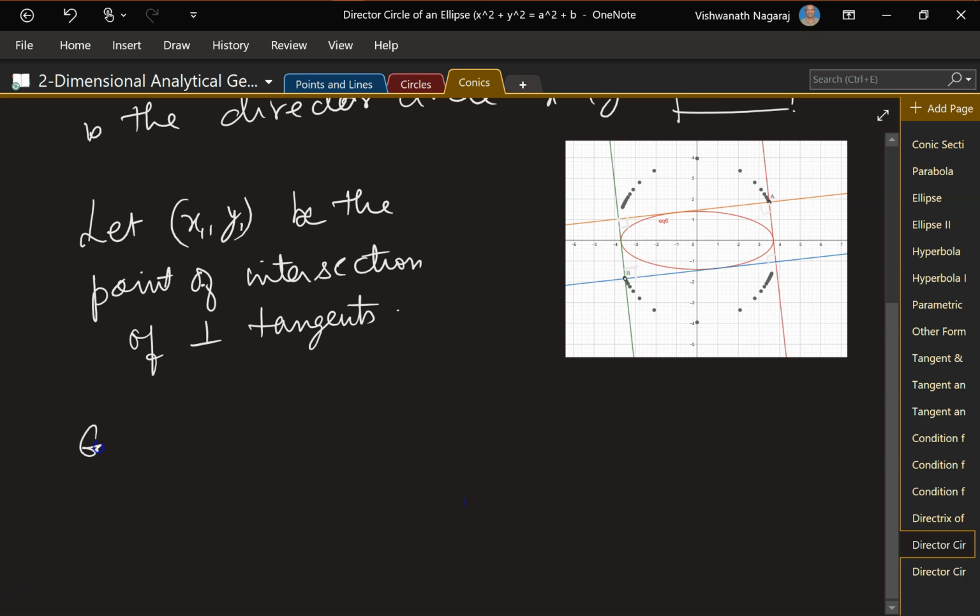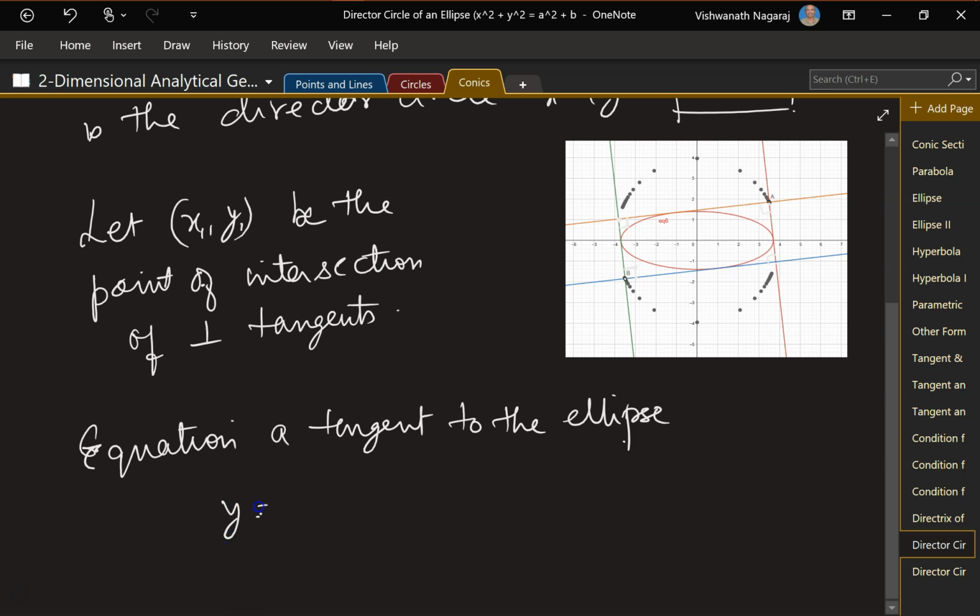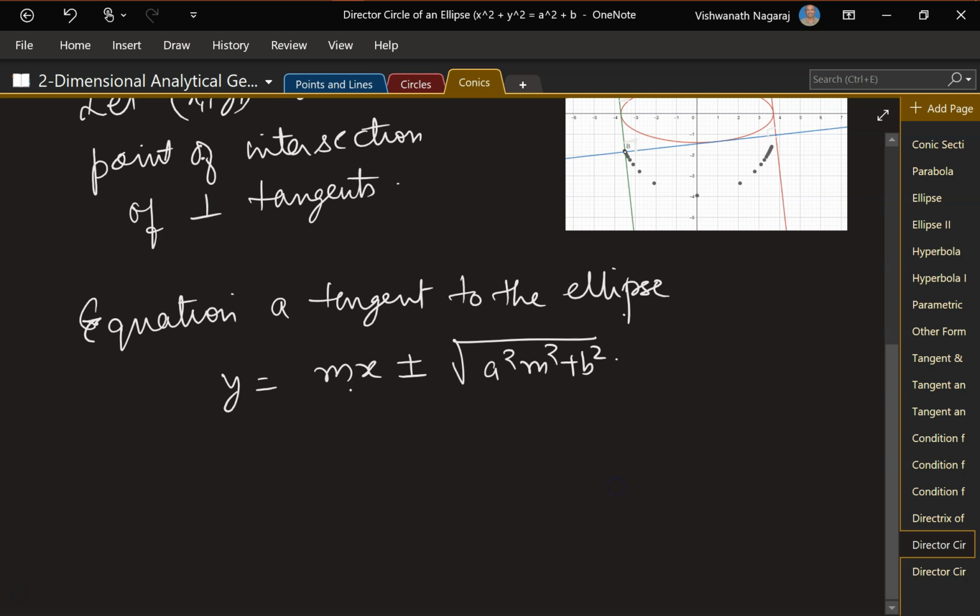Now, the equation of a tangent to the ellipse, we have already derived it. We know it is y is equal to mx plus or minus square root of a square m square plus b square. So that means there are two lines, plus or minus, which are equidistant from the center.